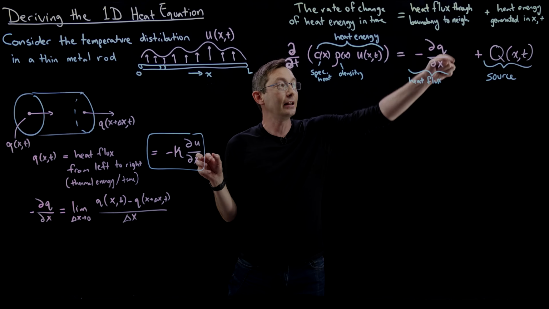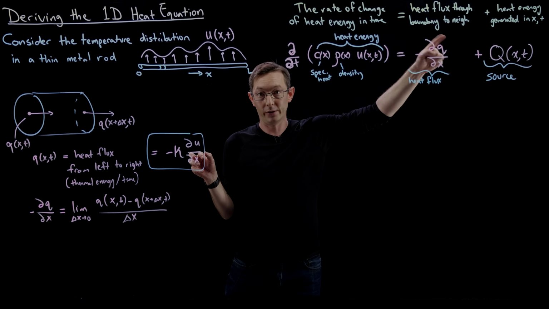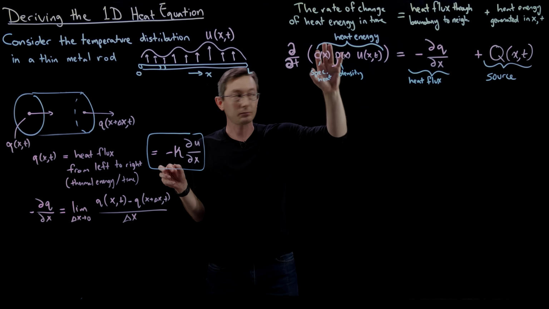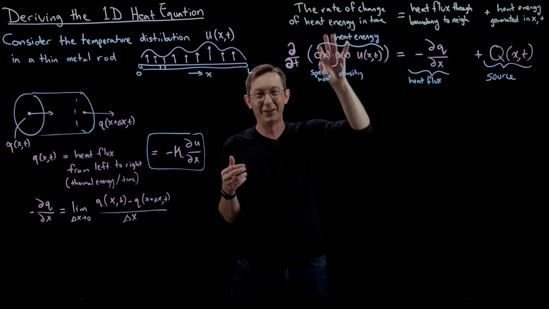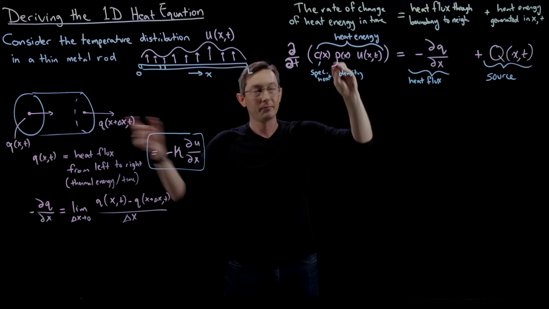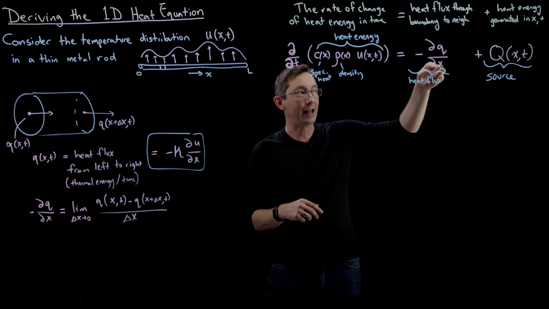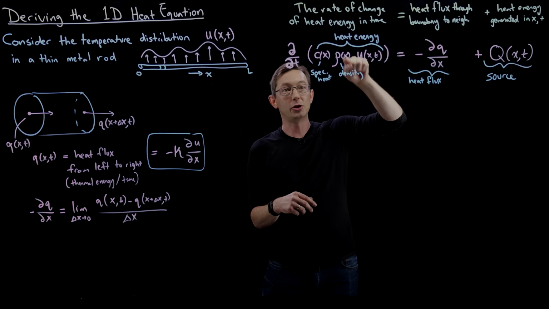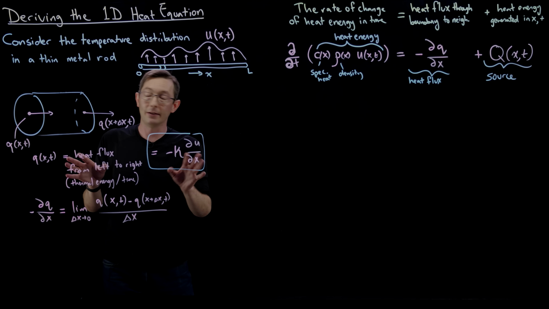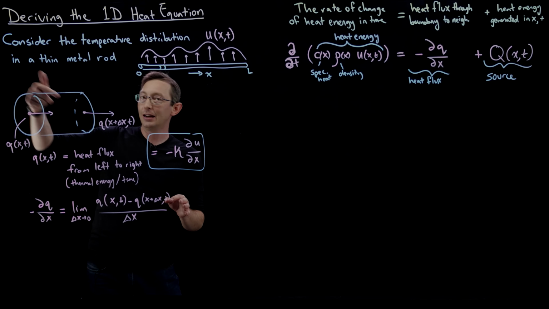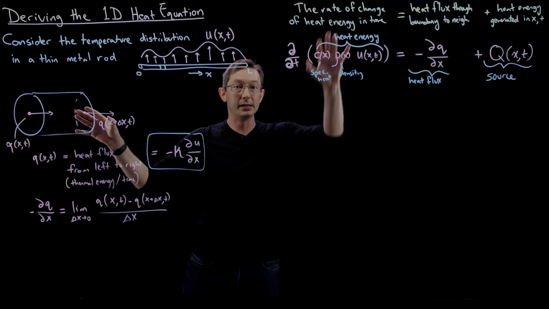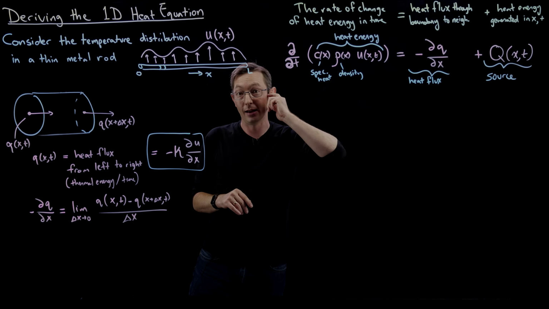So if I have a negative gradient of Q with respect to X, I have a positive rate of change of heat energy in that little volume. So when partial Q partial X is negative, this should be positive, and that's why I have that little negative sign out there. So this does fit with the convention that if I have a negative gradient of heat flux Q, that should have an increase in the heat energy at that little point X.